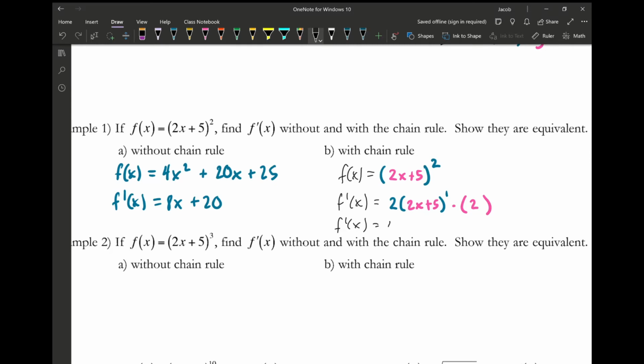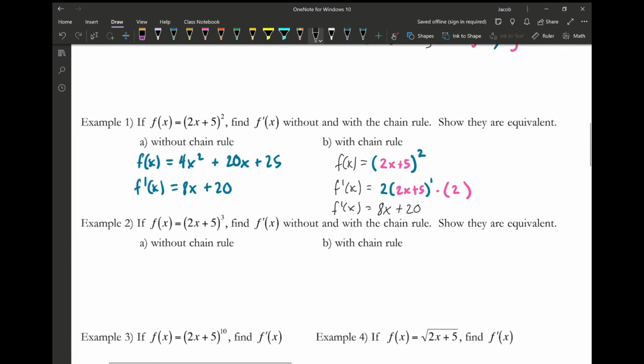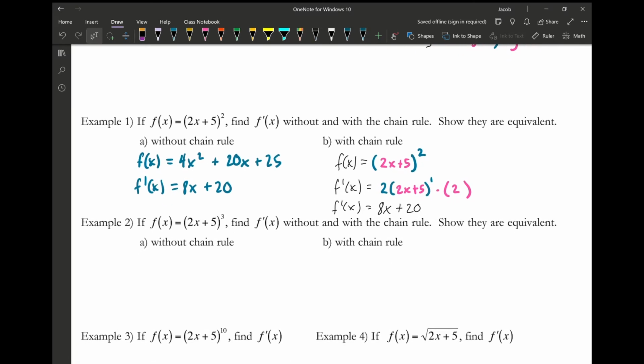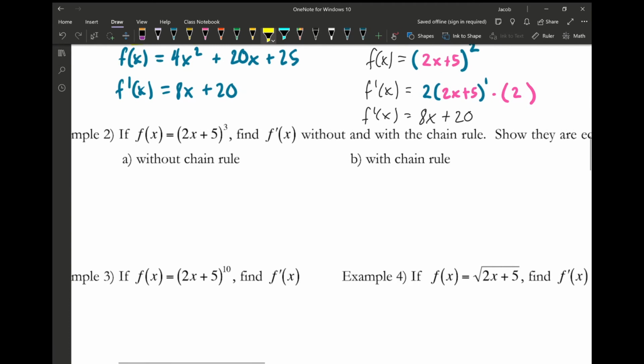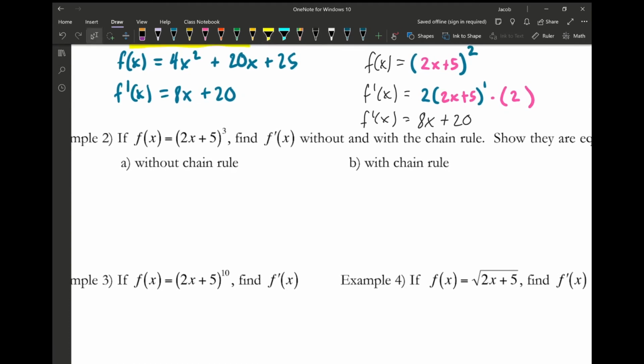So I have 4x plus 10, and that is going to be 8x plus 20 when I multiply by 2. So in example 1, it might be a lot easier to not use the chain rule for something that's just 2x plus 5 squared. When we get into cubing something, that's when things get a little bit trickier.